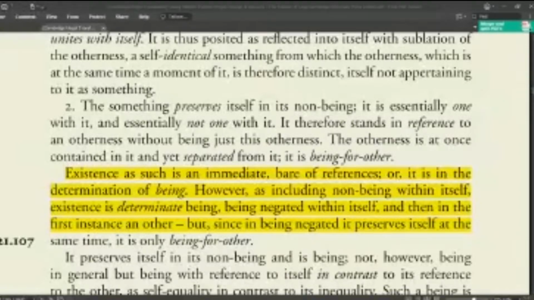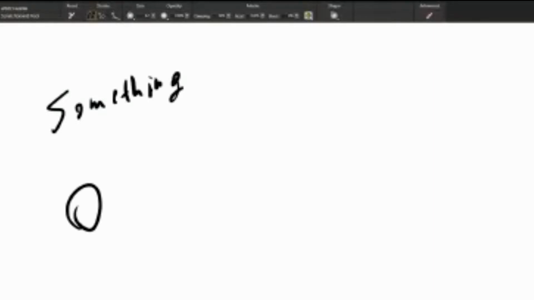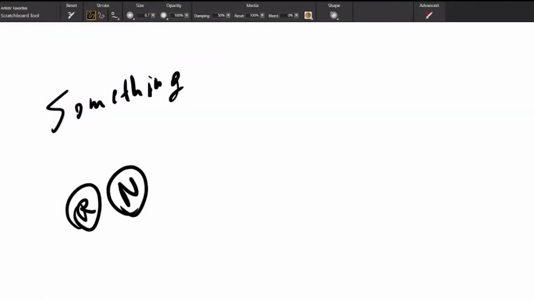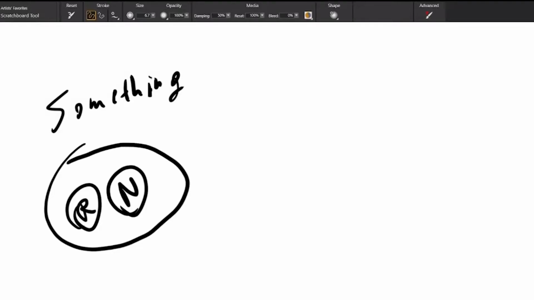All right, before we jump to that, I want to show something, because Hegel doesn't show it. He sort of does, but he sort of doesn't. So we had something which we acquired with reality and negation as a unity.